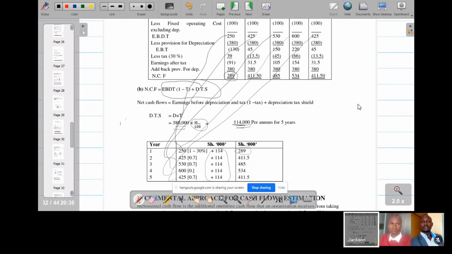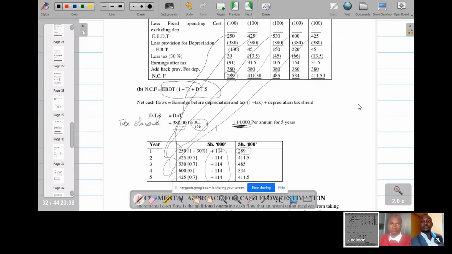This is now what you're calling the tax shield. How much you will save from the depreciation. This is the annual depreciation per year. This is the tax rate. So every year you'll be saving 114,000 based on tax.